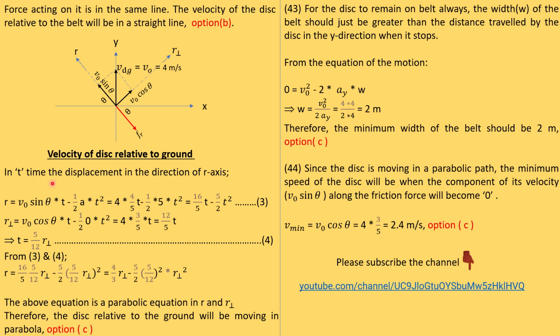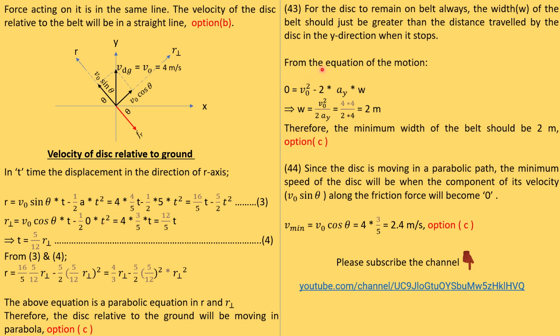We are calculating all these distances relative to the ground. So when we are observing the disk from the ground, the disk will be moving in a parabolic path. So option C will also be correct.